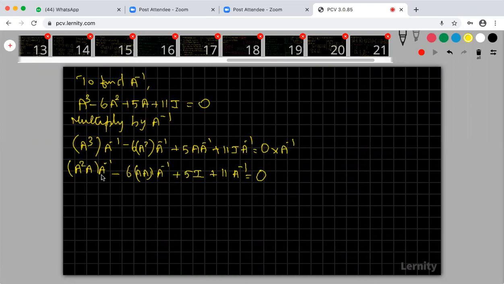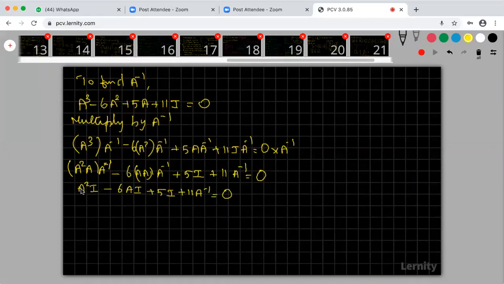Okay. This is A square into A inverse. Using the associative property, we can change the bracket. So therefore, A square into A inverse, that is A square into identity, minus 6 into A into A inverse, which is also identity, plus 5I plus 11 A inverse equal to 0.